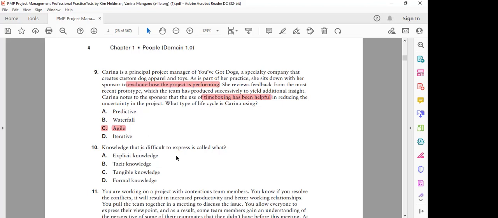Motion, no. Miss, yes. Navid, no. Yes, tacit knowledge cannot be expressed. It can only be observed.